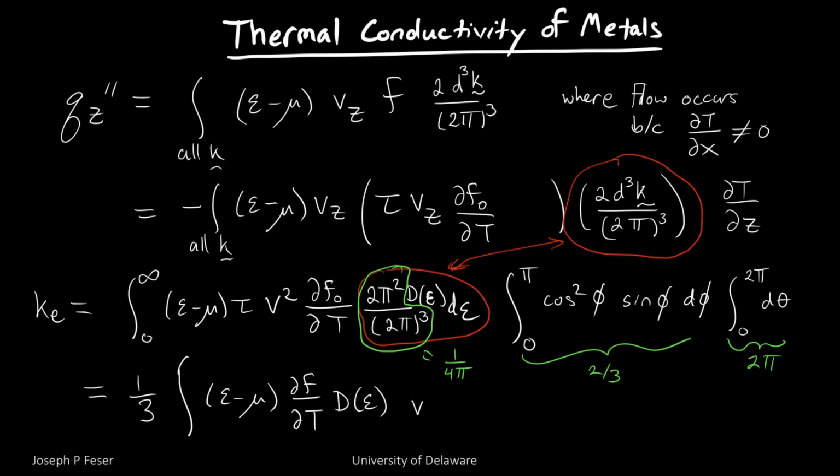And if I look inside the integral, I'll notice something really cool, which is that the front 3 terms are actually exactly the same terms that appeared in our heat capacity integrand way back in the statistical thermodynamics section.